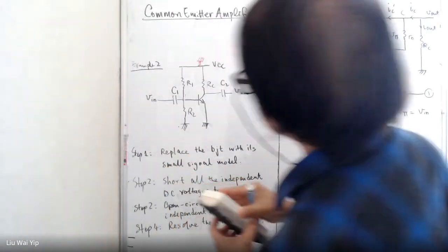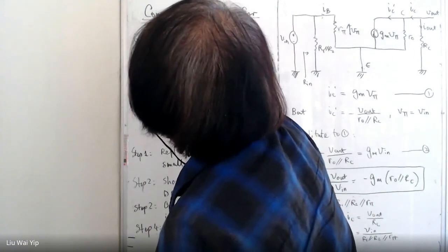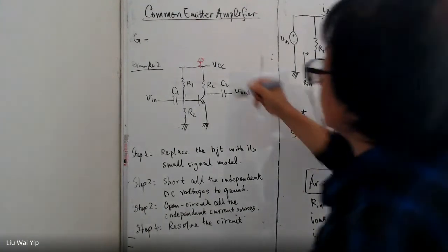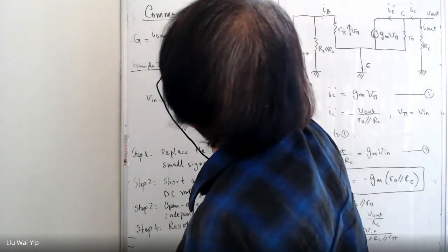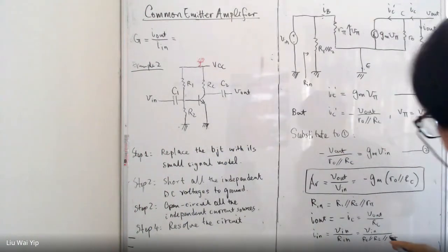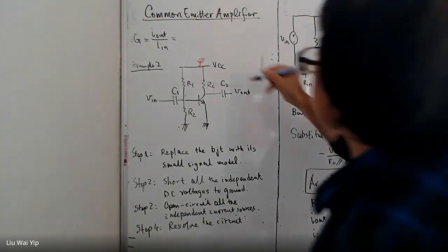The current gain is normally symbolized by the letter G, and this is I out divided by I in. And according to here, I out, the output current, is V out divided by RC.